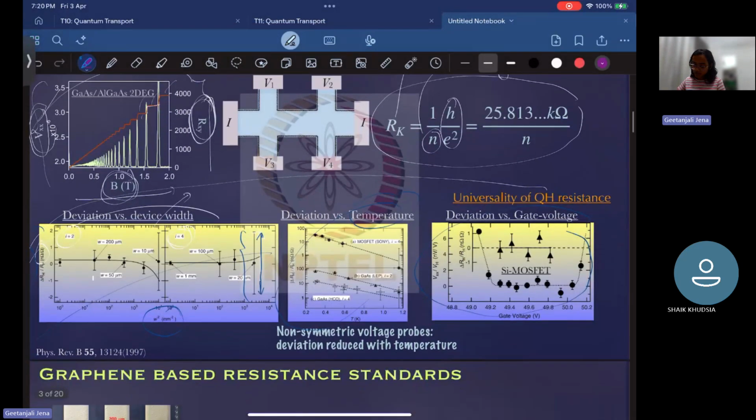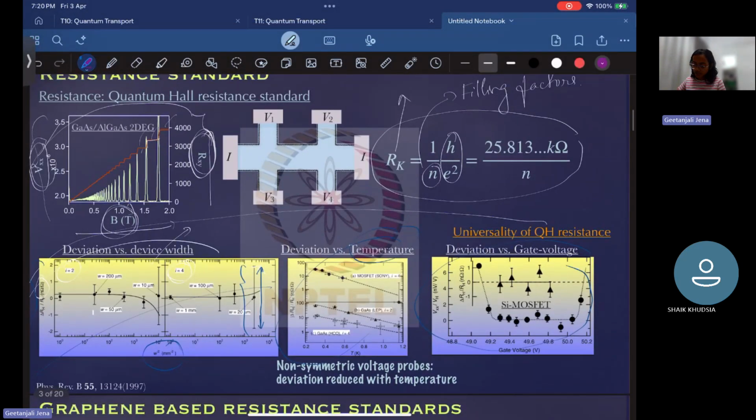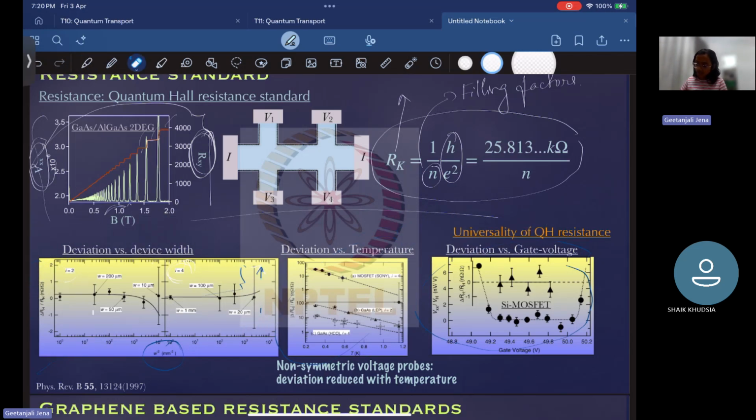If you recall the second slide, from all these three plots you can easily see that the error in the calculation of resistance, which is delta RH, is in the order of nano.